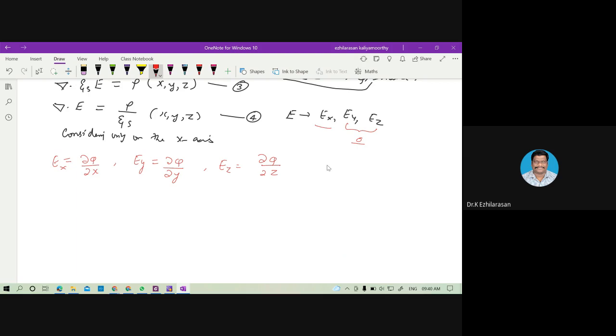That is why I mentioned we only consider the x-axis. So Ey is dou phi by dou y, then Ez is dou phi by dou z, and I can say these two will be 0.